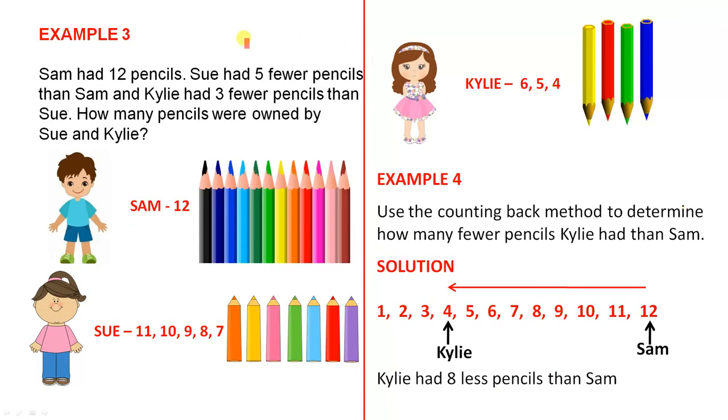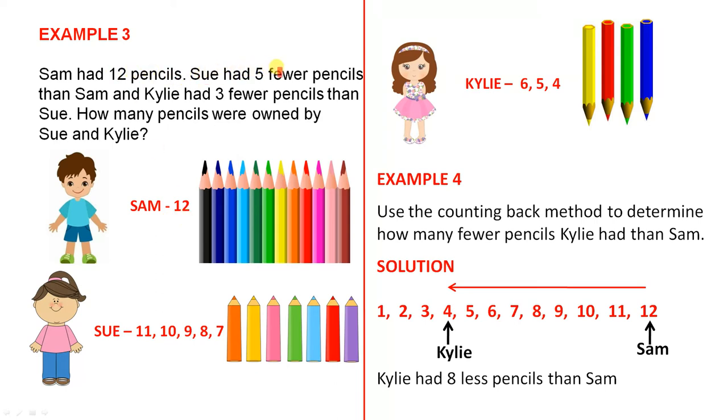Example 3. Sam had 12 pencils. Sue had 5 fewer pencils than Sam, and Kylie had 3 fewer pencils than Sue. How many pencils were owned by Sue and Kylie? So here's our friend Sam. He's got 12 pencils because that's what we were given in the problem.